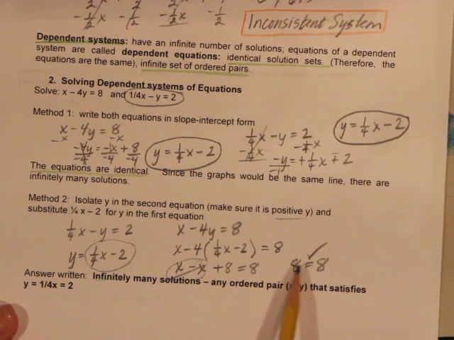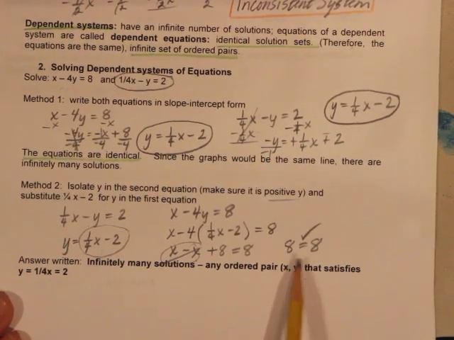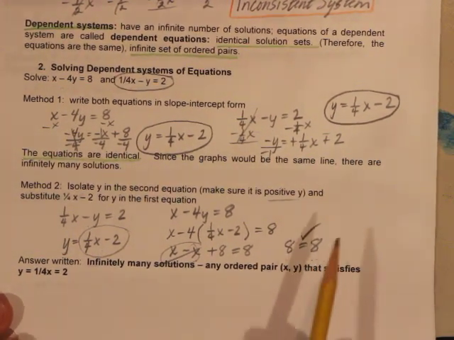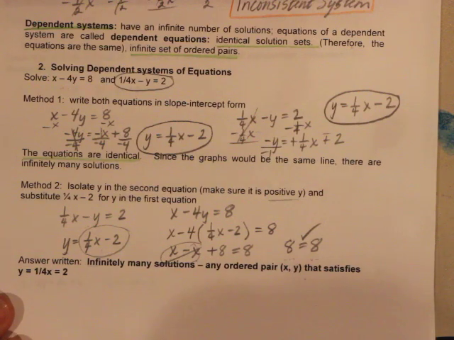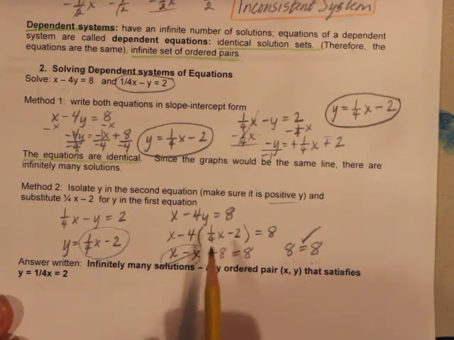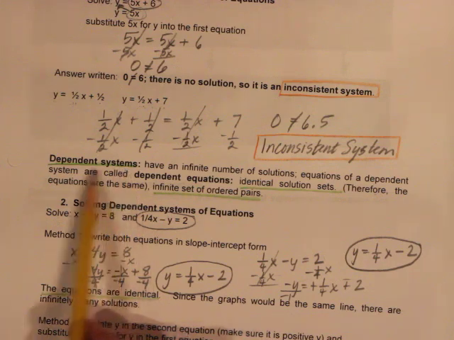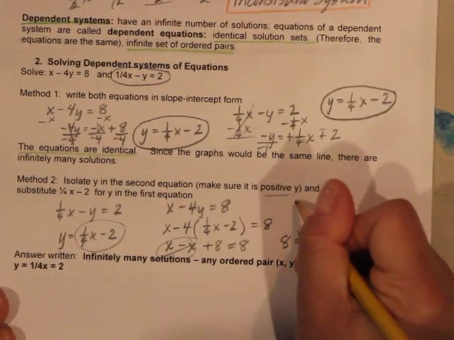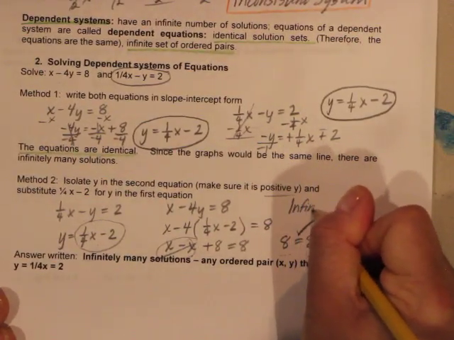When I have that true statement, 8 equals 8, that tells me that there are infinite solutions. Infinite solutions means I'm dealing with a dependent system.